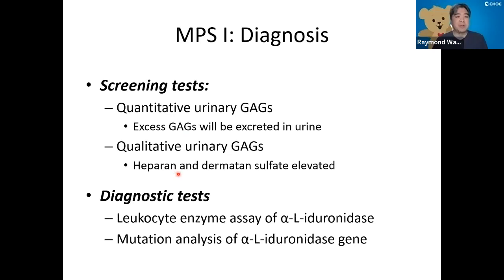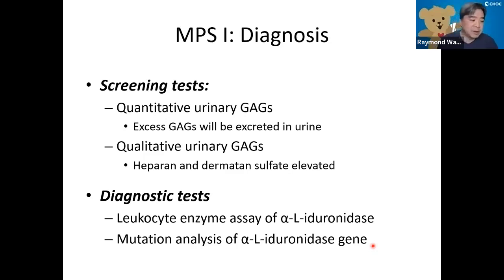Eventually, though, we want to secure the diagnosis, to confirm the diagnosis. We do that by measuring enzymatic levels, whether in white blood cells or plasma, and then ultimately doing sequencing of the IDUA gene. Whether this is targeted IDUA sequencing, next-gen panels, or whole exome sequencing, all of those generally are going to be able to cover changes in IDUA.